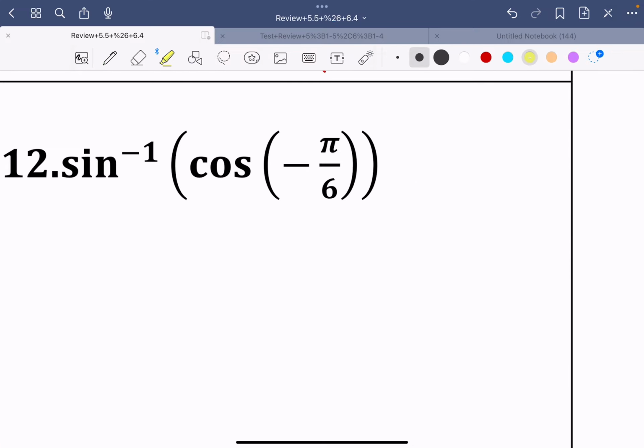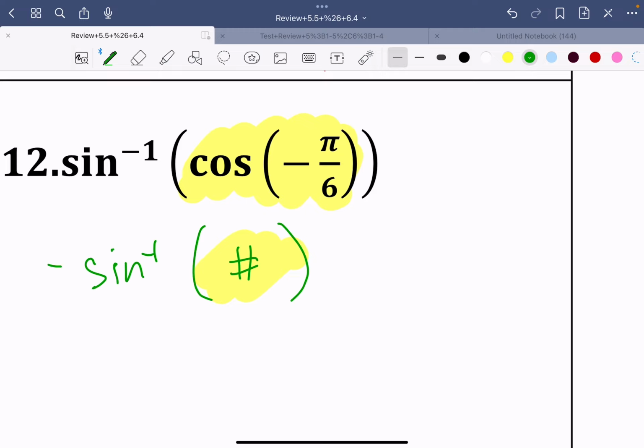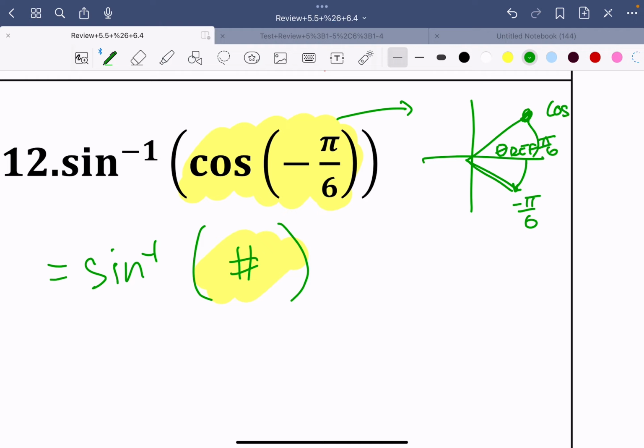Okay, two-step process again. First, we're going to find the cosine of this angle, and then we're going to take the sine inverse of whatever number we get out of cosine. Let's come over here, and I know that negative pi over 6 is down here, that my reference angle is pi over 6, but from trig hand, I get that the cosine of pi over 6 is the square root of 3 over 2.